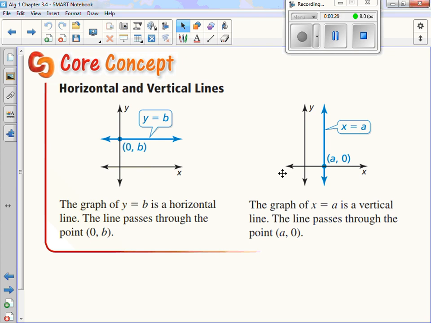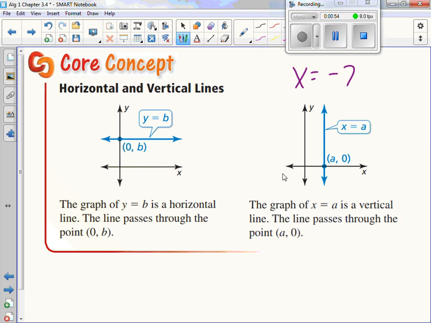Vertical and horizontal lines. Now, a vertical line is a line that is going straight up and down. That is a vertical line. And the equation of a vertical line is x equals. Whenever we have an equation, x equals a, or x equals -7, or x equals a number, it is a vertical line.